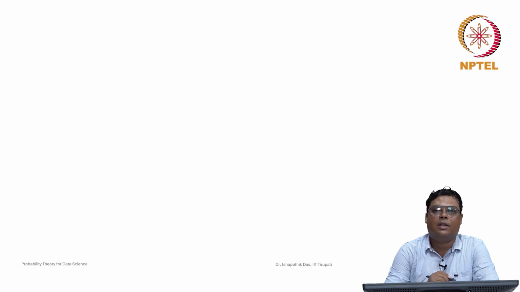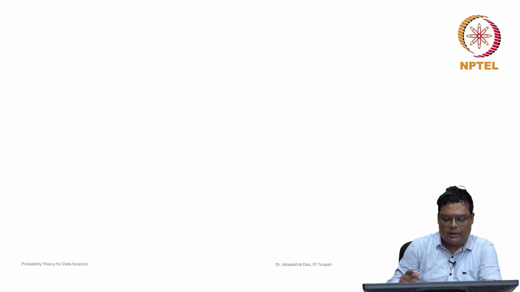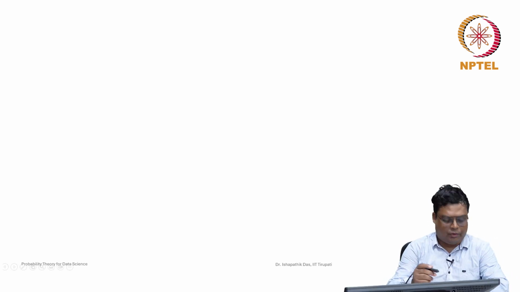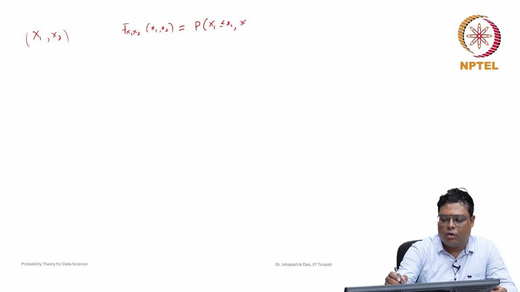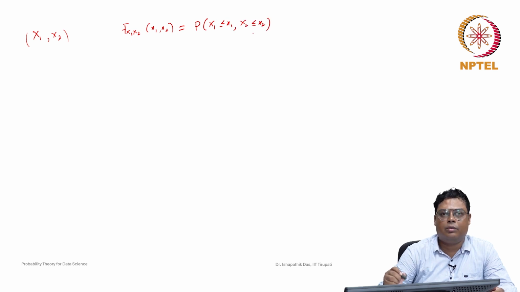Remember when we discussed the bivariate continuous random variable. We considered two random variables X1 and X2, and the cumulative distribution function, the probability that X1 is less than or equal to x1 and X2 is less than or equal to x2.